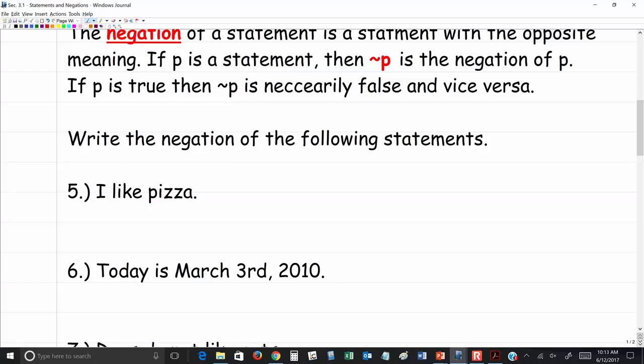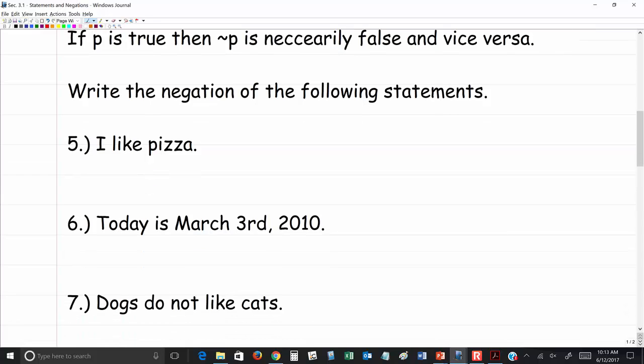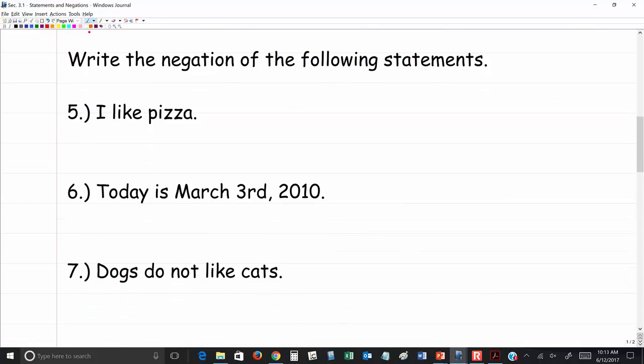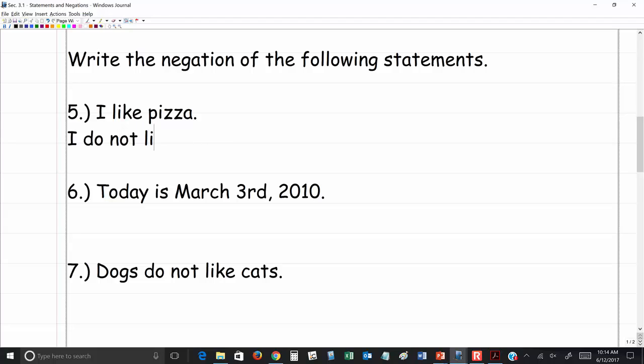So we want to write the negation of the following statements. The statement is, I like pizza. The negation would be, I do not like pizza. Or you could say, I don't like pizza. Either way. Okay, number 6 says today is March 3rd, 2010.